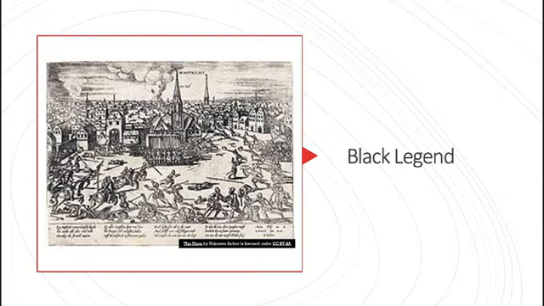All right? So, the Black Legend is partially correct, without a doubt. Murder, slavery, torture, disease, all bad things. But systems of government, Christianity, education, technology, those things are good. And like it or not, the world changed forever as a result of the Spanish bringing those things.